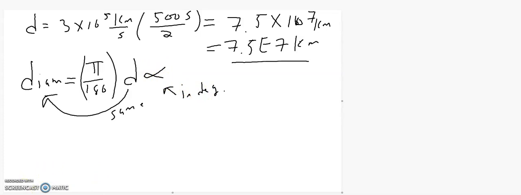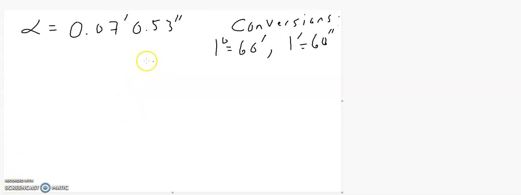All right. I'll rewrite this equation in just a moment. So what we're going to do is convert. In the problem, they gave us this angle. It's kind of a strange way of representing an angle, but in astronomy, we often talk about arc minutes and arc seconds.